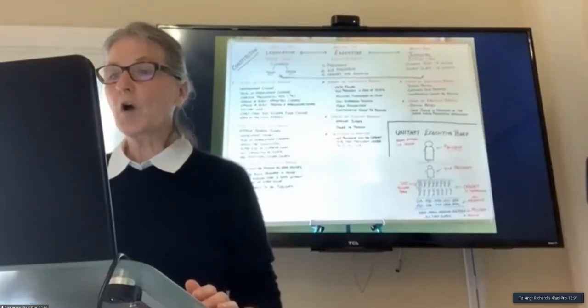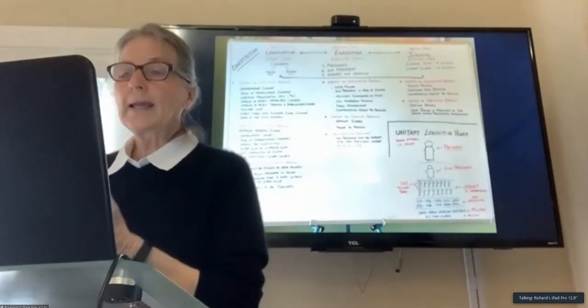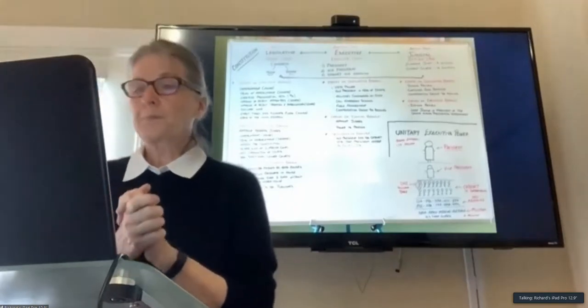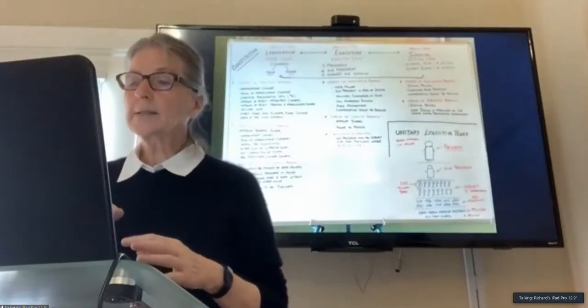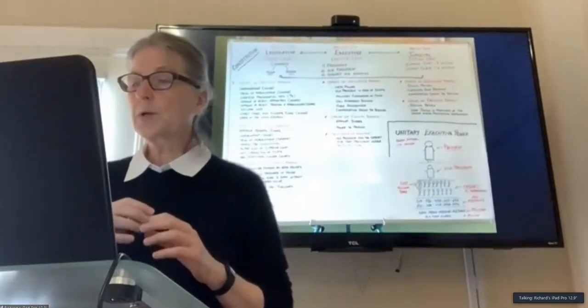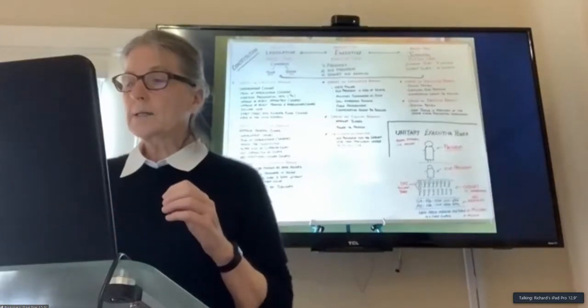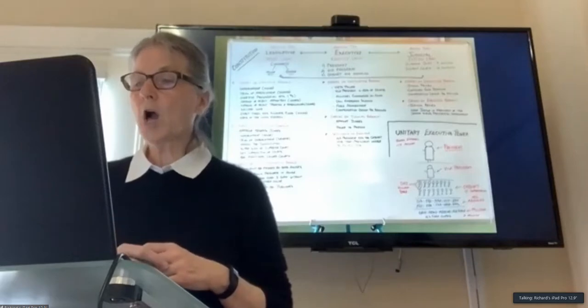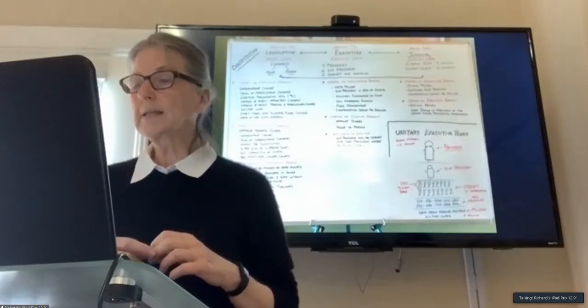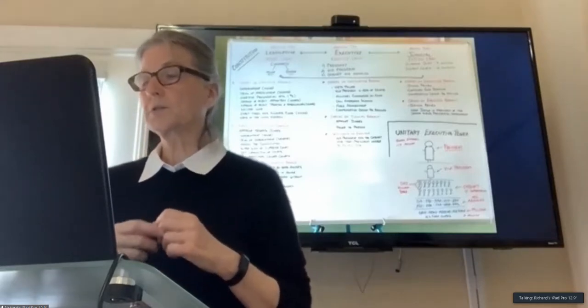In that case, we'll talk about, in 1803, Marbury versus Madison. This is the first time that the Supreme Court announced the principle that a court may declare an act of Congress void if it is inconsistent with the Constitution.